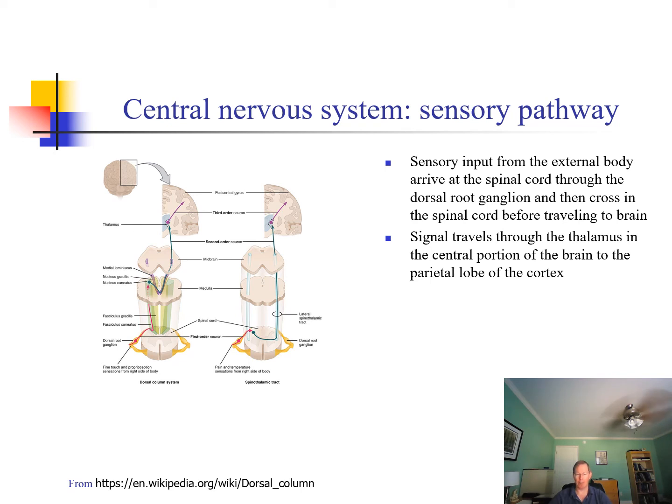That detail's not important for what we're doing right now, but you cross over. So again, if I had numbness on one side of my body, that would indicate that I would have damage on the opposite side of the brain to what I'm actually seeing on the body.